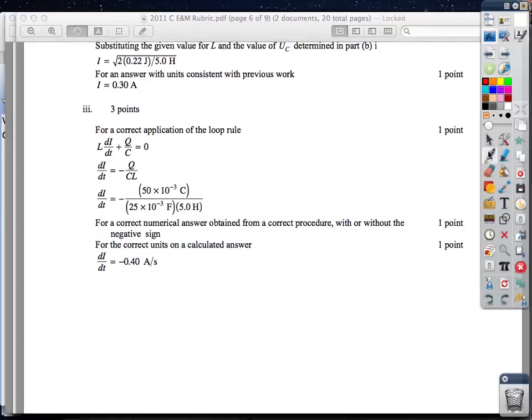Yeah, this is actually something that's kind of interesting. If you're ever in a circuit problem and you don't know what to do, it seems like the loop rule is always the solution, right? It's like when your back is against the wall, and you don't know the values at any given time, then the loop rule seems to usually come into play.